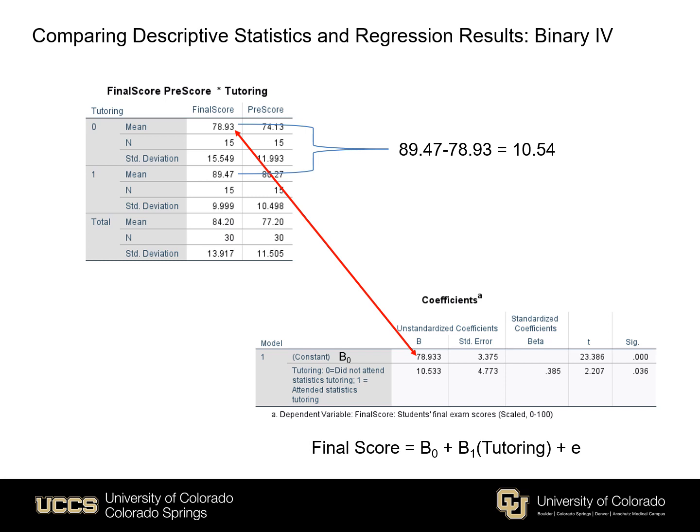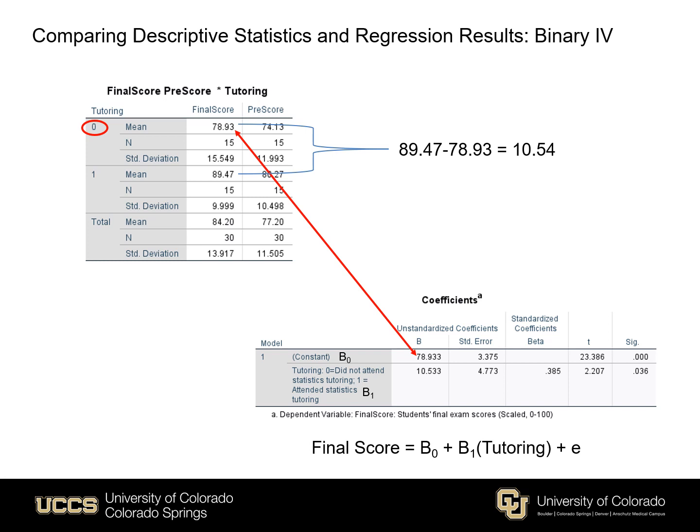So this is just confirmation of our interpretation guidance that the intercept of the regression model is an estimate of the dependent variable mean when the independent variables are all zero. In this case, when there's no tutoring. And that's indicated there with the red circle.